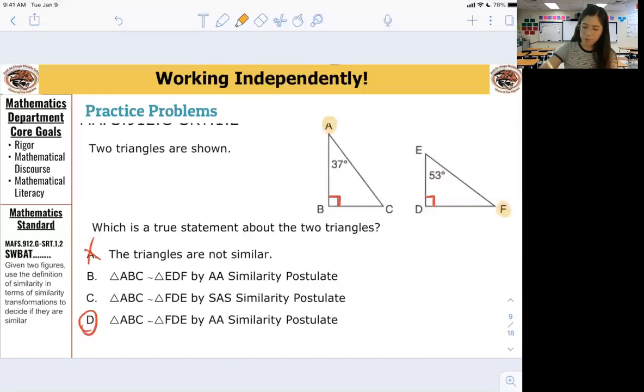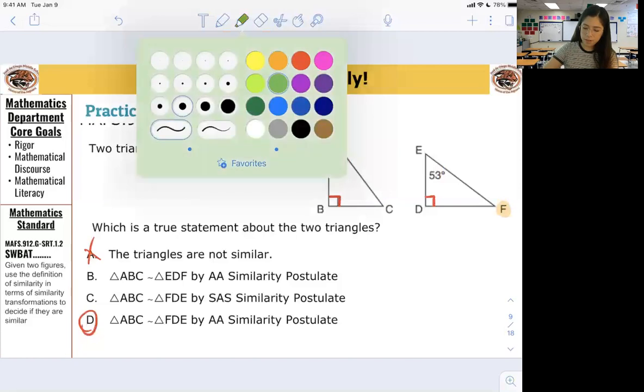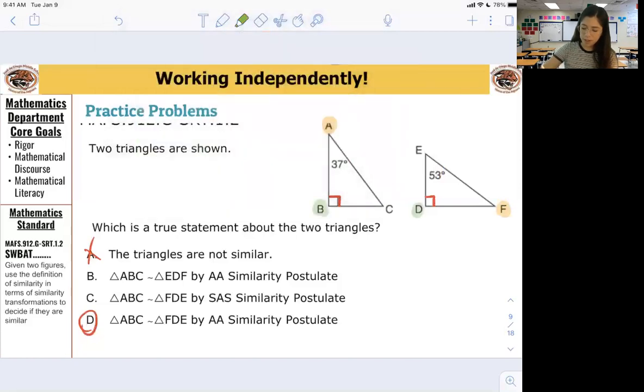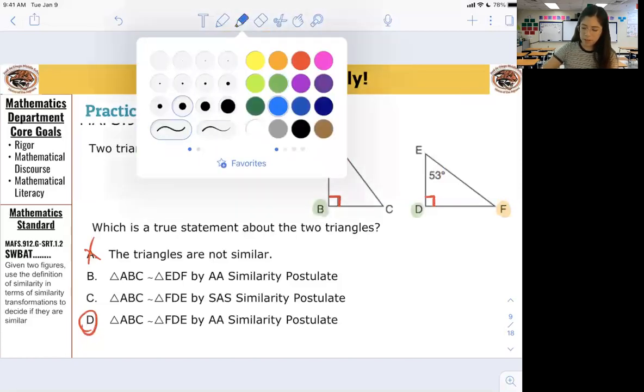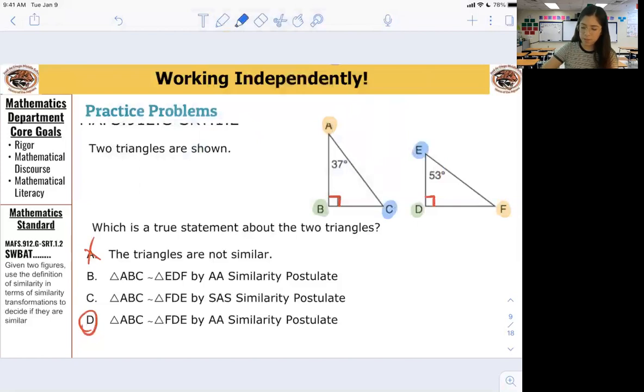So A corresponds with F and B corresponds with D and C corresponds with E. And how do you know for sure that C and E, for example, are congruent? Like, how do I know that C is 53 degrees as well?